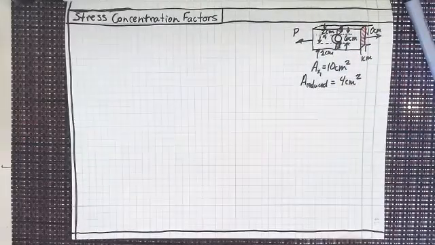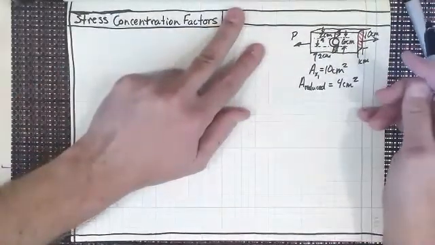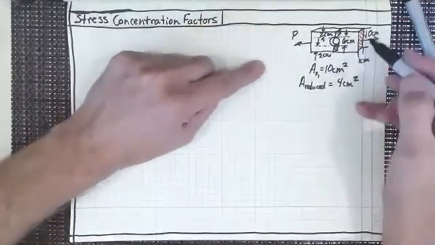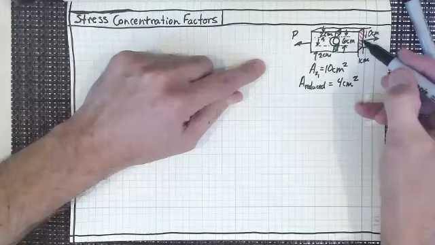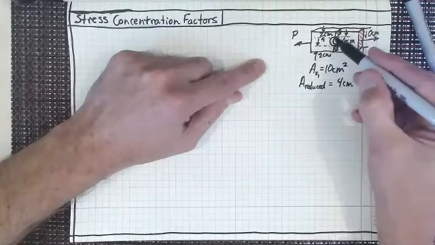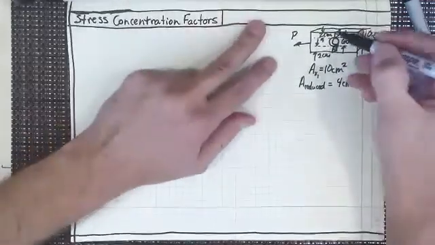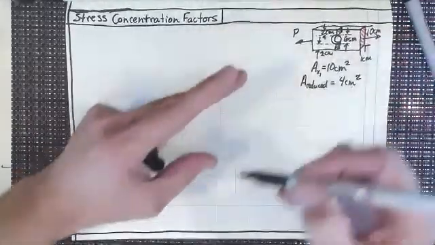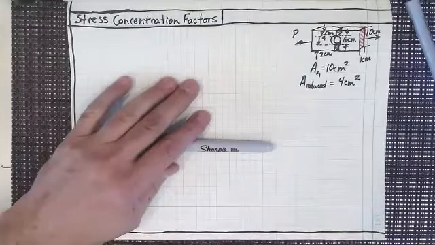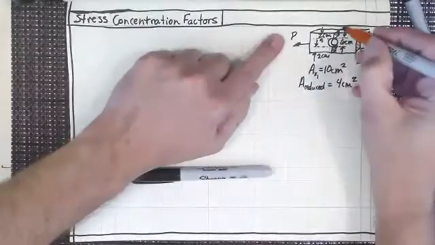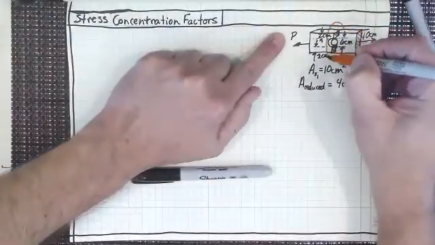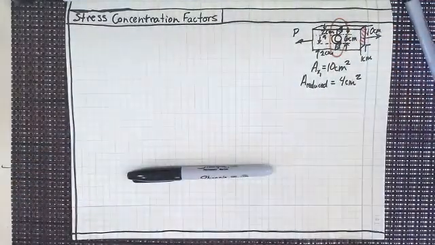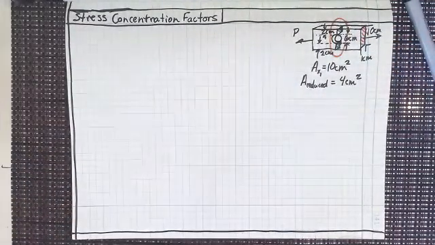So you're probably thinking, okay, if I've got this reduced cross section, I can't use this cross-sectional area up here. And in fact, what I'm thinking is probably at this reduced cross-sectional area is where the thing is going to fail, right? If I start pulling on it, right in here is where the thing's going to fail. But what is the force that I have to put on here to make it fail?